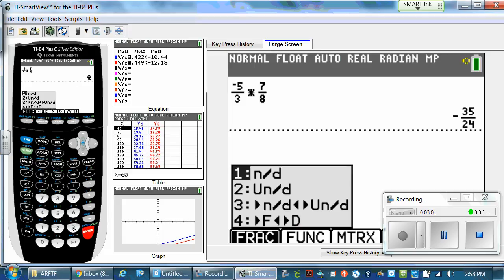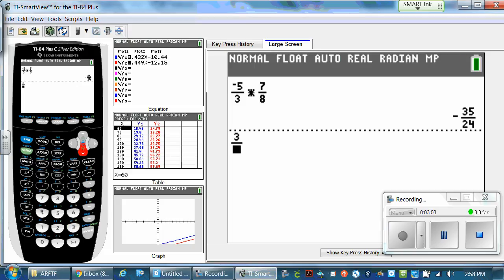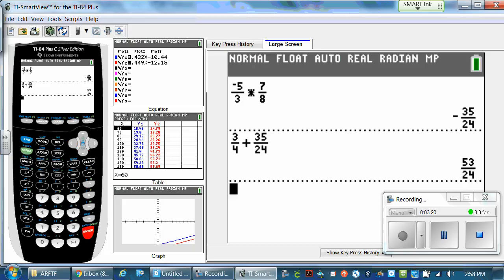I'll show you a trick here too. I'm going to use the answer feature, but I need to add it. 3/4 plus 35/24 is 53/24.